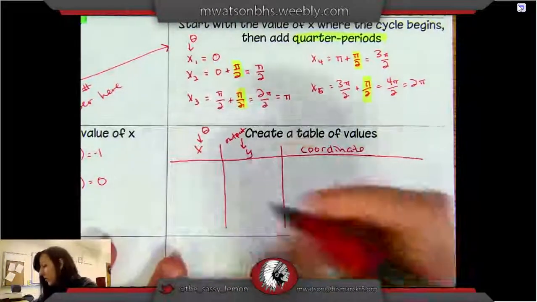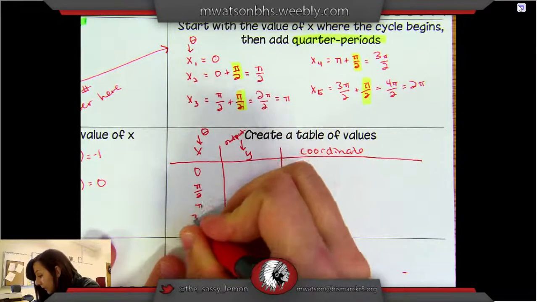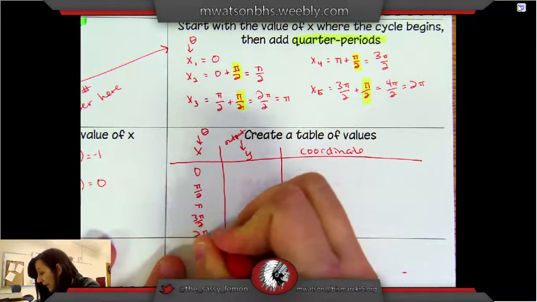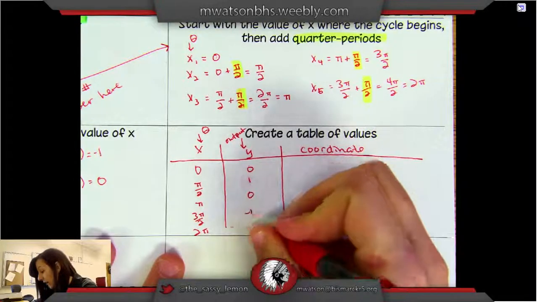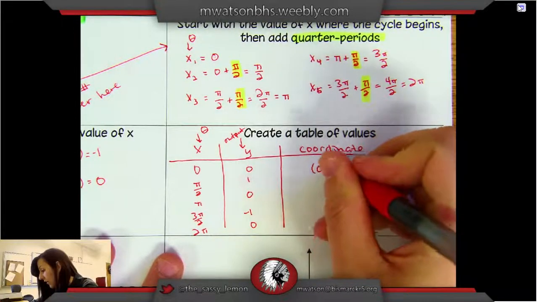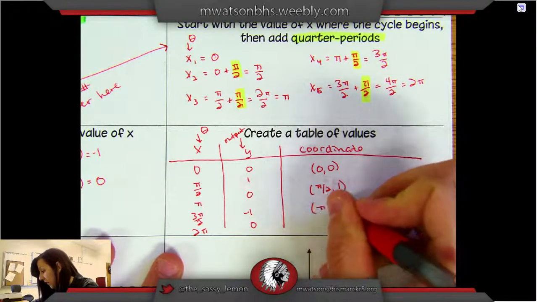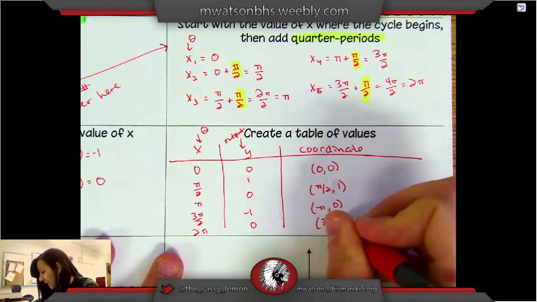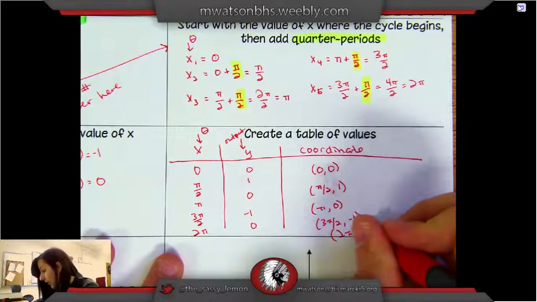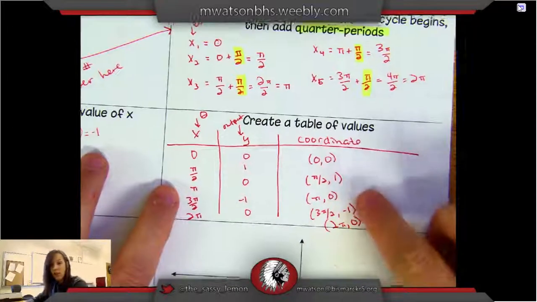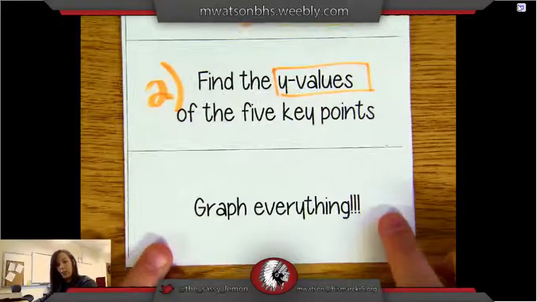So our x's were 0, pi over 2, pi, 3 pi over 2, and 2 pi, and our y values were 0, 1, 0, negative 1, 0. So we can create the coordinates. I know I'm going a little fast, so pause it if you need to write all this down. This is just really clerical work. We're not really doing any math here, just writing our 5 coordinates. So now the fancy part: we're going to graph everything.